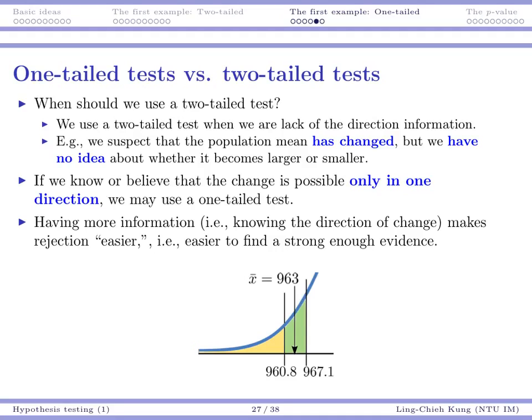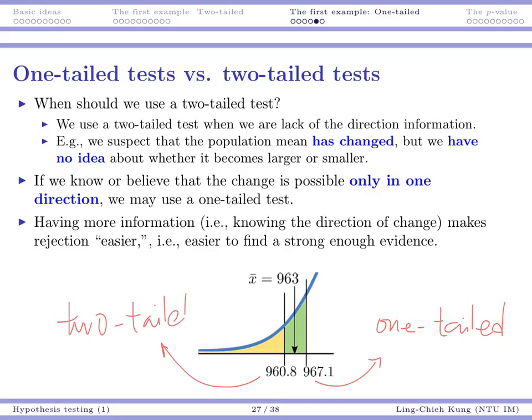In our example, recall that 967 is our critical value for the one-tailed test, and 960 is that for our two-tailed test.